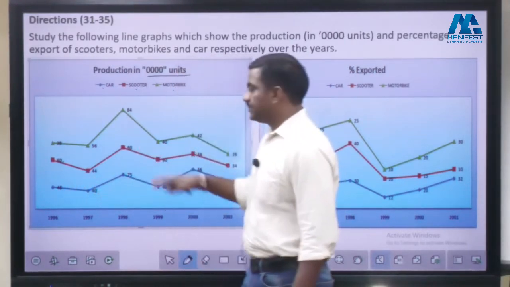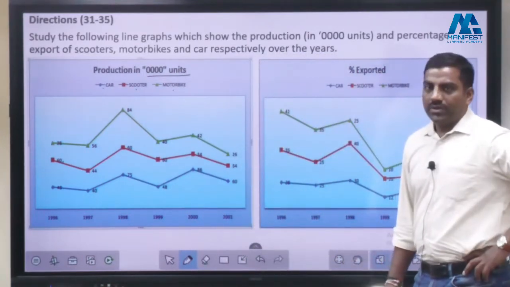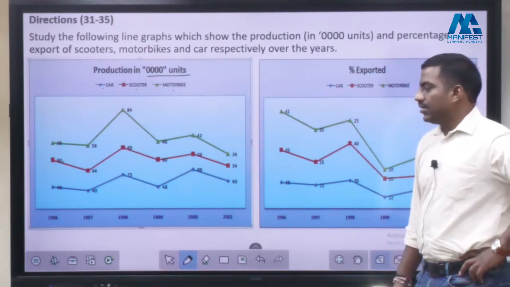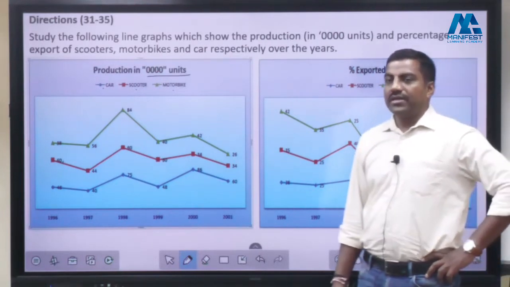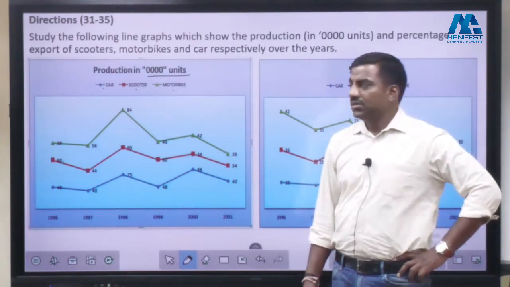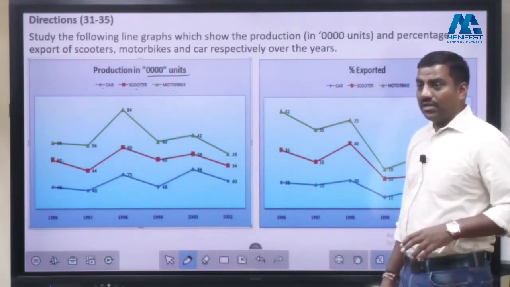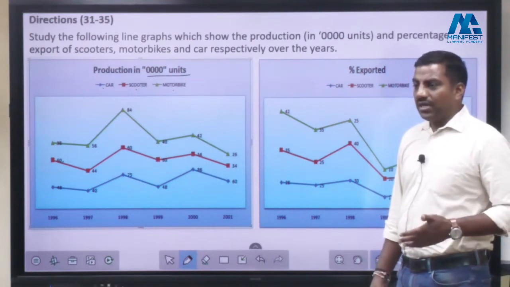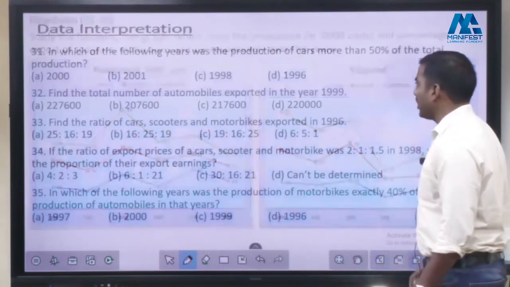Add for cars. 48, 40, 88 plus 75, 163 plus 48, 211 plus 86, 297 plus 60, 357. Am I looking at car only, right? Total production, average, then which year? Half of the production. Or what exactly are they asking?